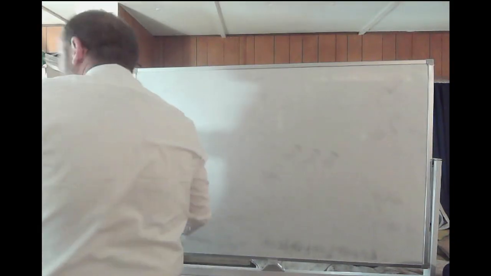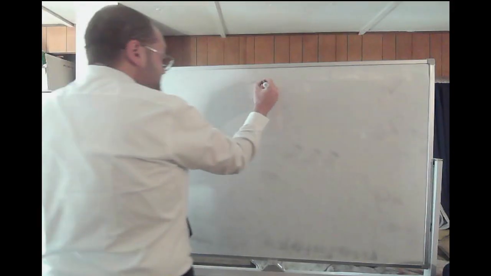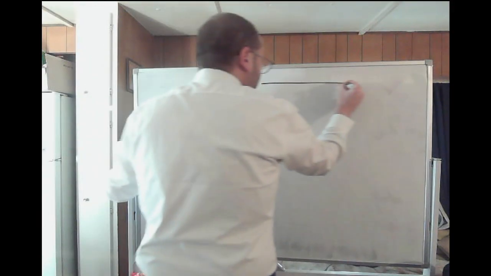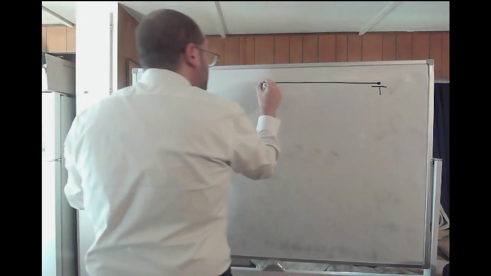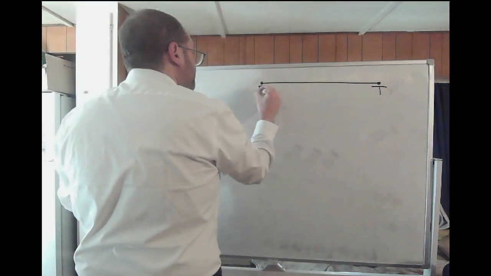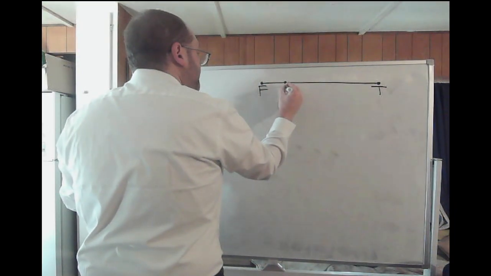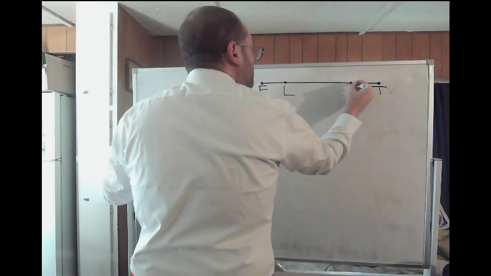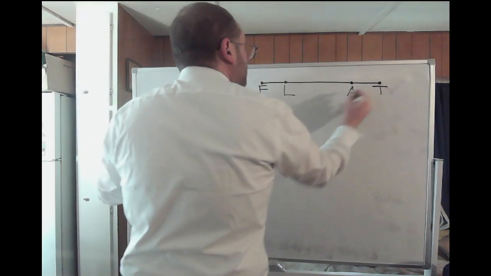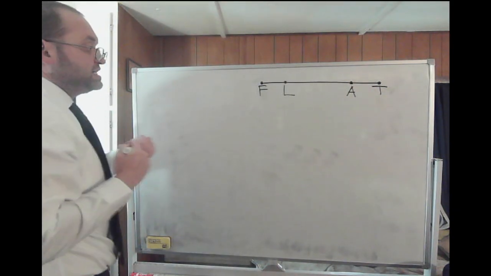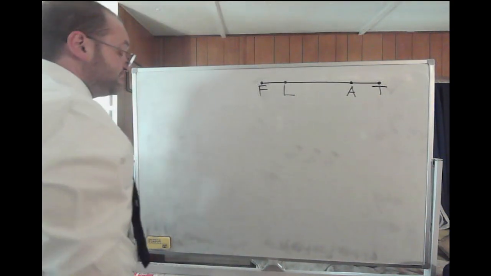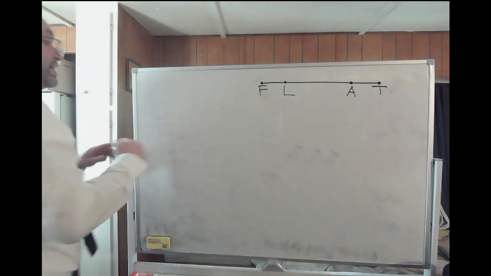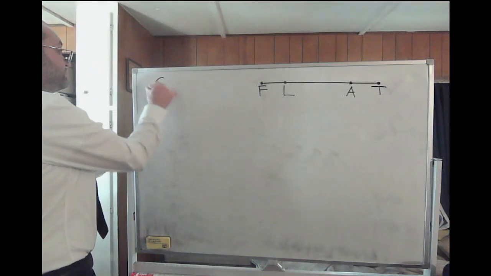Alright, so let's draw a nice line segment here. So we got line segment FT split into F, L, A, and T. So line segment FLAT. Alright, so that's our diagram. Here's what we're given.